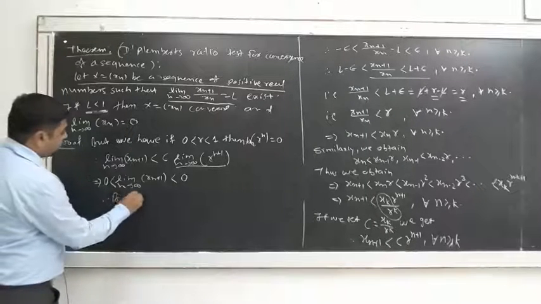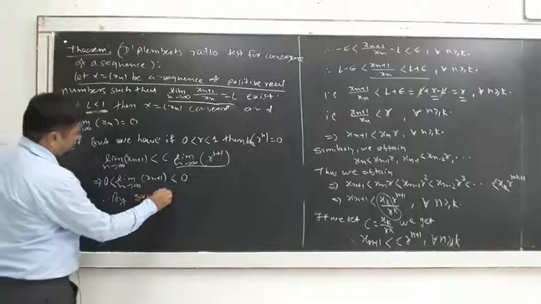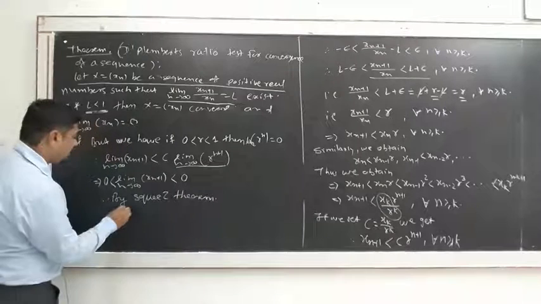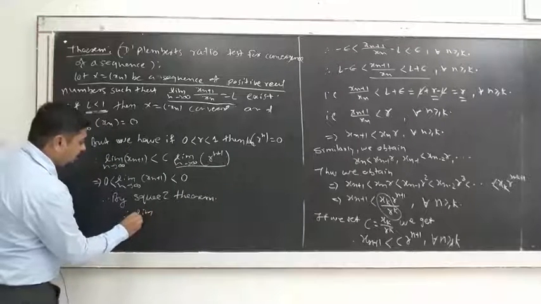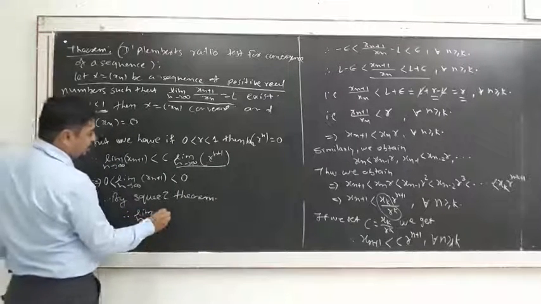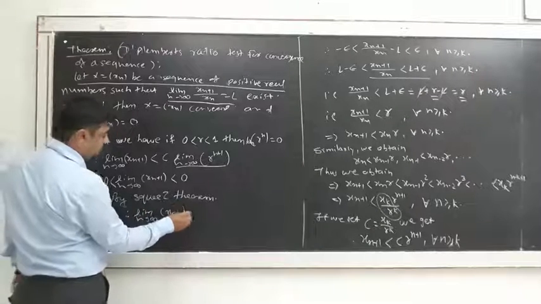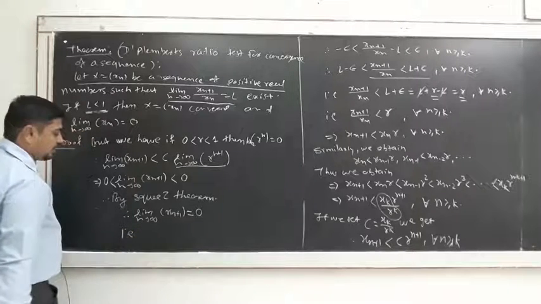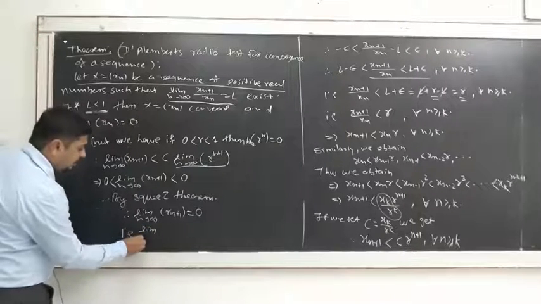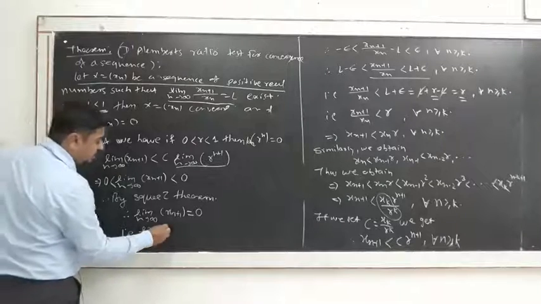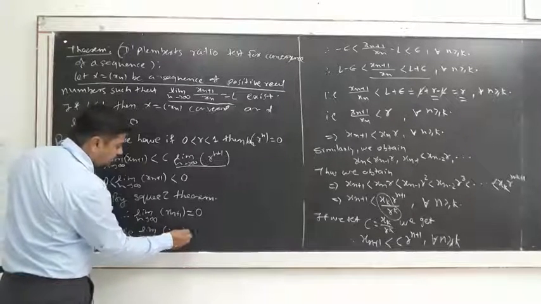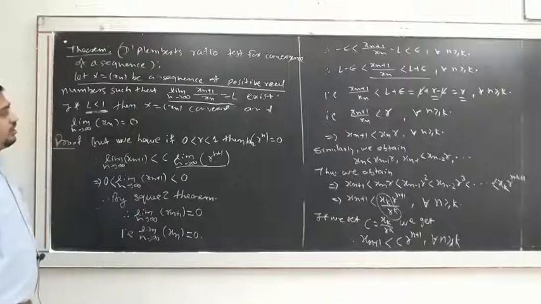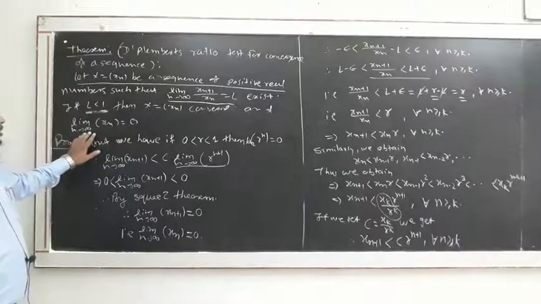Therefore, by the squeeze theorem, the limit as n tends to infinity of x_{n+1} is equal to 0. And that is the limit of x_n is equal to 0, and this is our target.